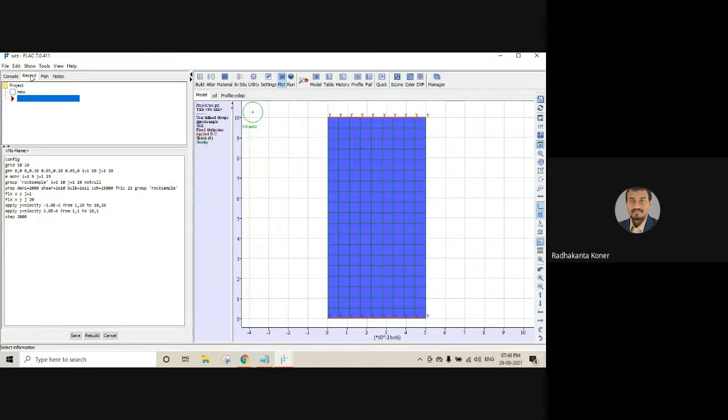Nowadays in the recent version of the flag, this FISH module is clubbed together with Python code. So those who are very expert in Python can also write programs in Python for some amount of calculation. Suppose you want to define a new constitutive criterion in your solution.